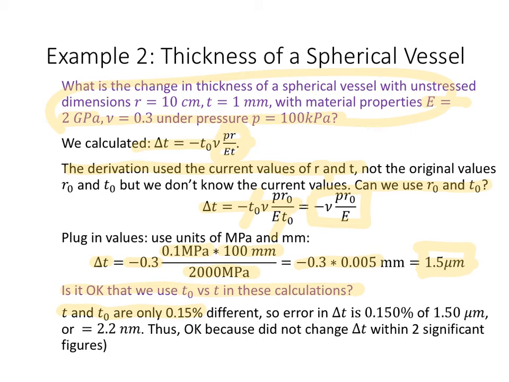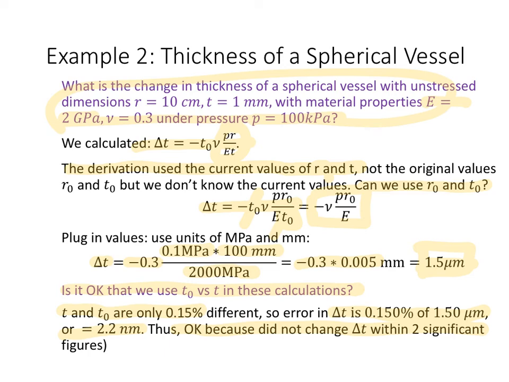Because this answer is proportional to the inverse of the thickness, a 0.15% error in the thickness will give about the same error in the change in thickness. So our change in thickness is expected to be off by about 0.15% of 1.5 microns, or 2.2 nanometers. This is really okay because it didn't change delta T, the change of thickness, within the two significant figures that we were using in the first place.